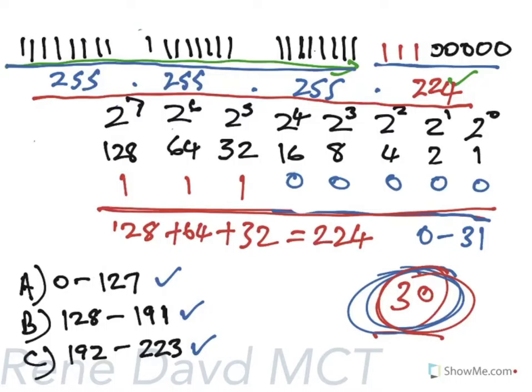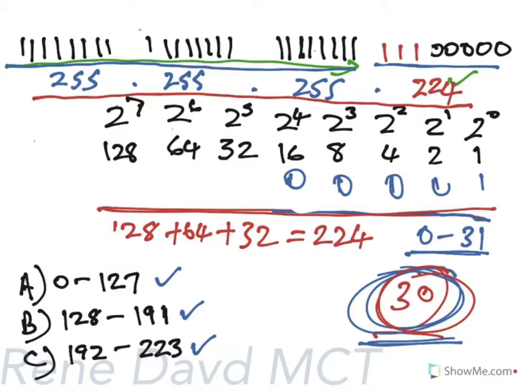So for 30 hosts, what did we need to do? We needed to figure out how many bits we needed to get to 30. To do that, we added 1, 2, 3, 4, 5 bits, which took us to 31. That's our 0 to 31 here. We realized that these are 30 hosts, and host bits are zeros, so these 1s should be 0 in the subnet mask.